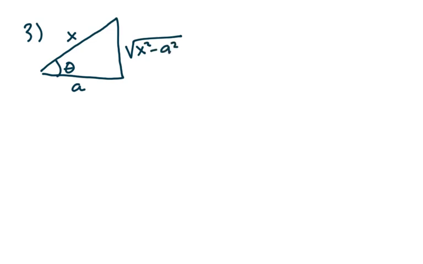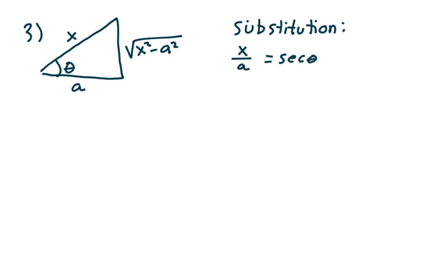Now let's go over the substitution. Again, I'm going to use trig. I'm going to say x divided by a is secant theta, and so that implies x is a secant theta.